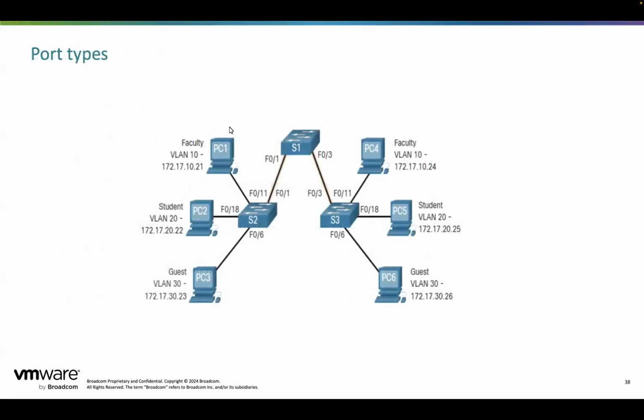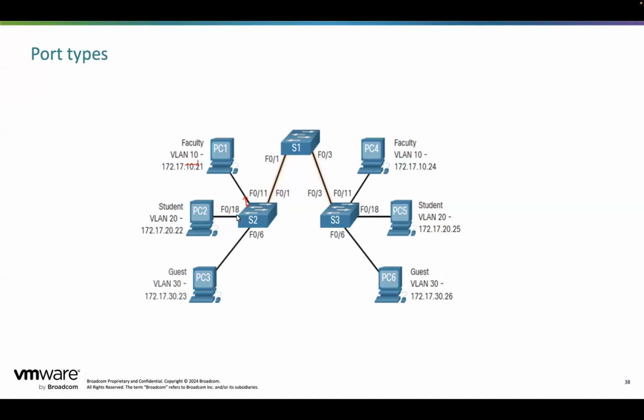Let's take a closer look. Here we have 3 switches connected together. We also have 6 PCs. The ports connected to the PCs are access ports, because you just put this physical port into a specific VLAN.